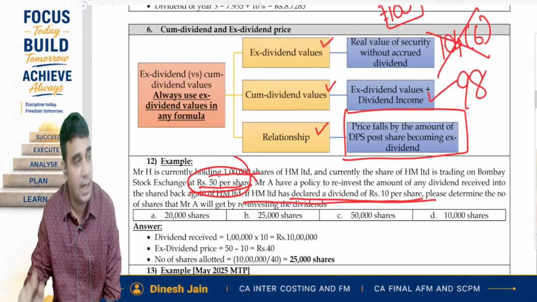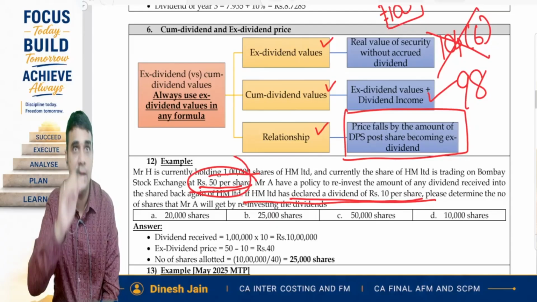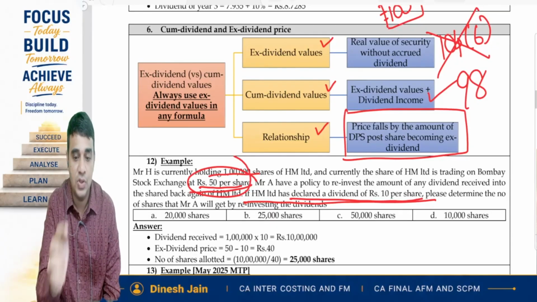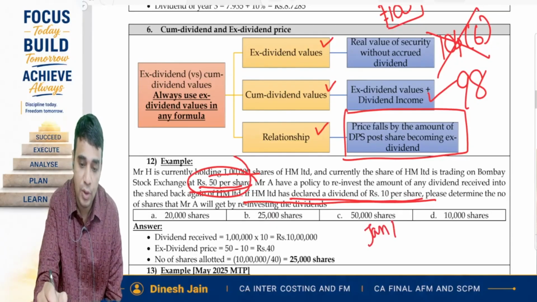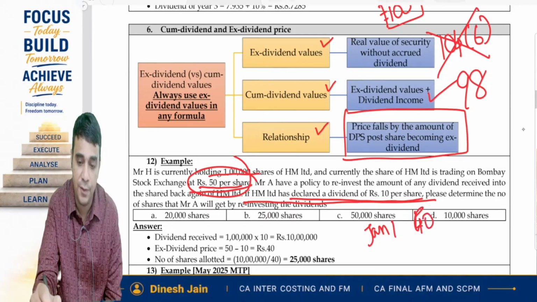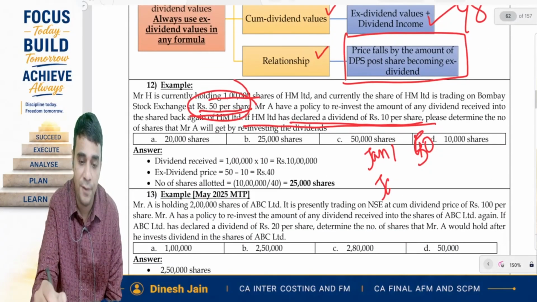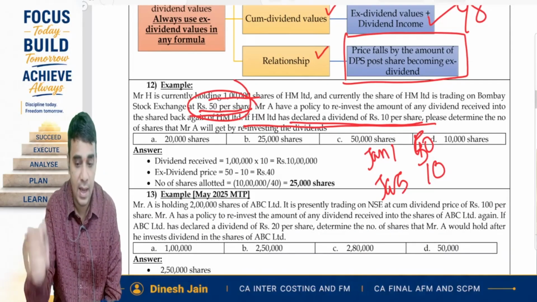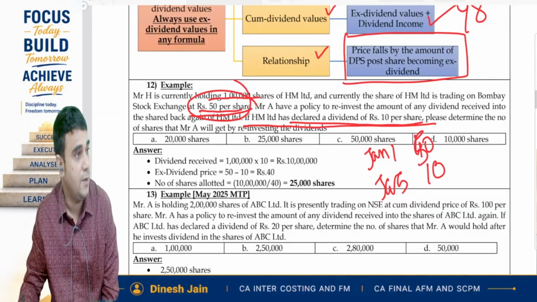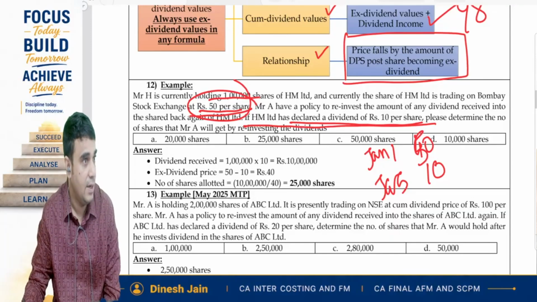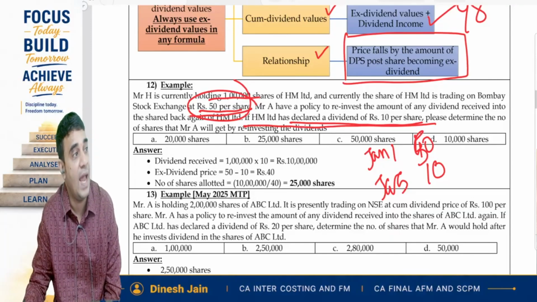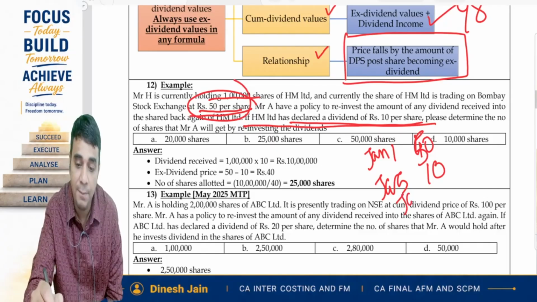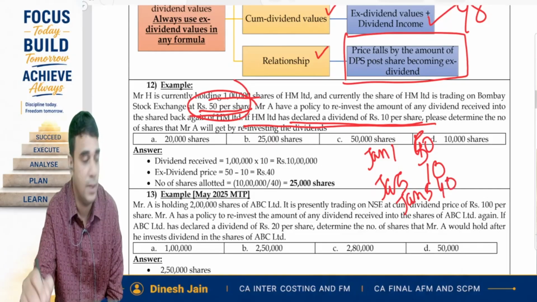I'll repeat again, the concept is very simple. Dividend today, January 1, the price is 50 rupees. On January 5, 10 rupees is paid. On January 5, the share price will fall to 40.